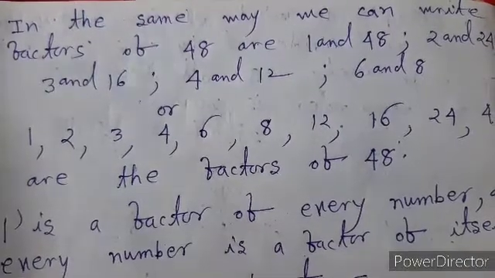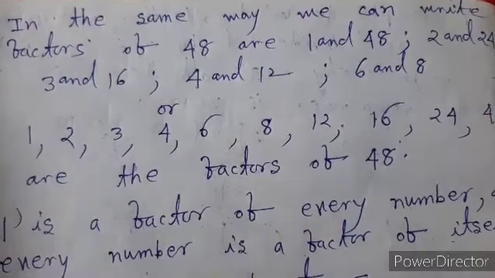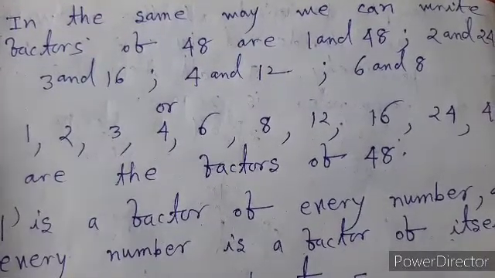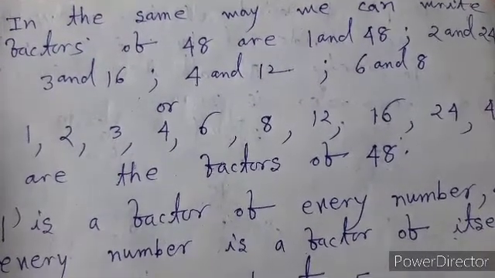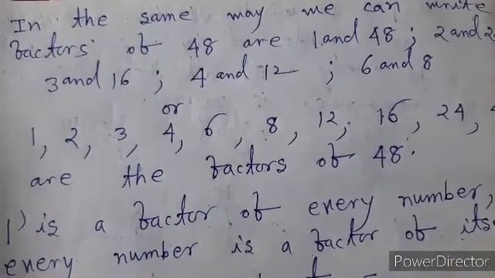In the same way, we can write that the factors of 48 are 1 and 48, 2 and 24, 3 and 16, 4 and 12, 6 and 8.